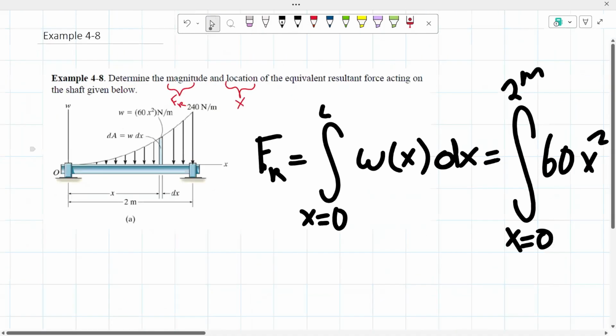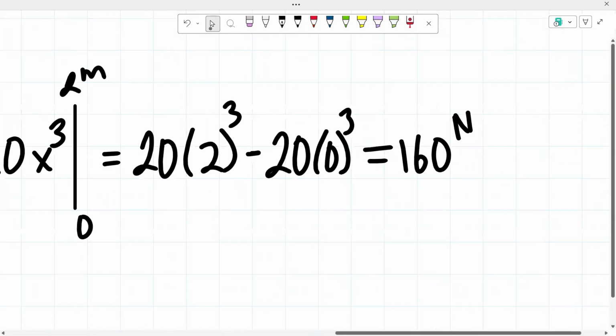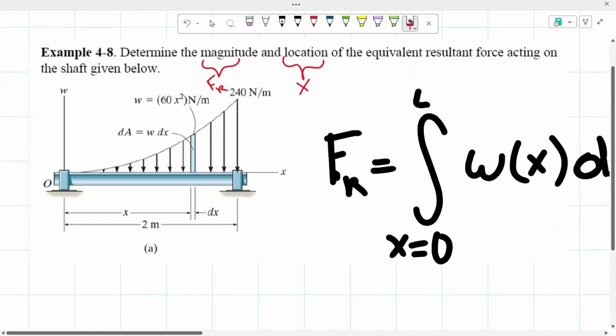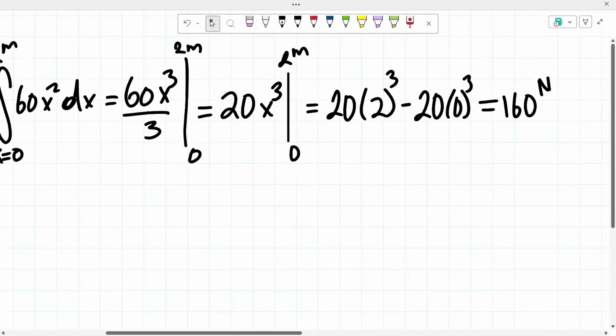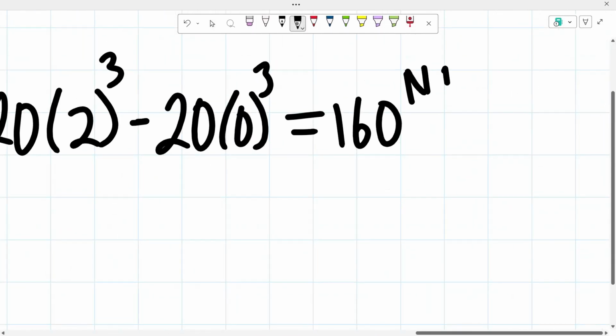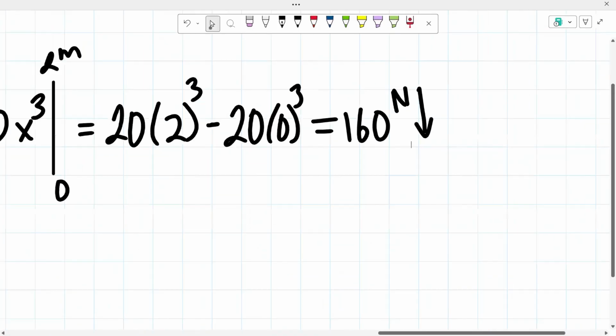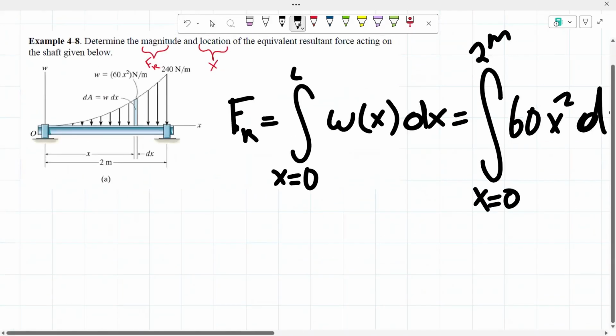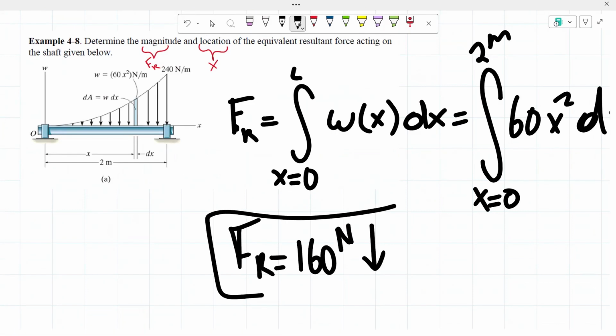So we just determined the magnitude right here, 160 newtons, and the direction is going to be downwards, because as you can see, the distributed load is being applied downwards. So our magnitude is equal to 160 newtons being applied downwards.